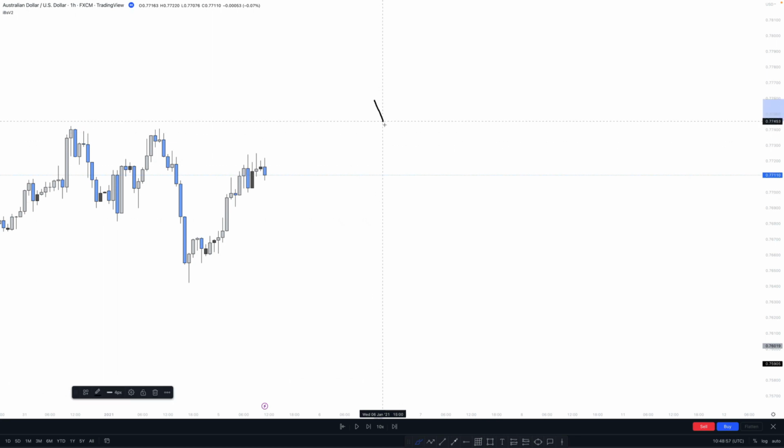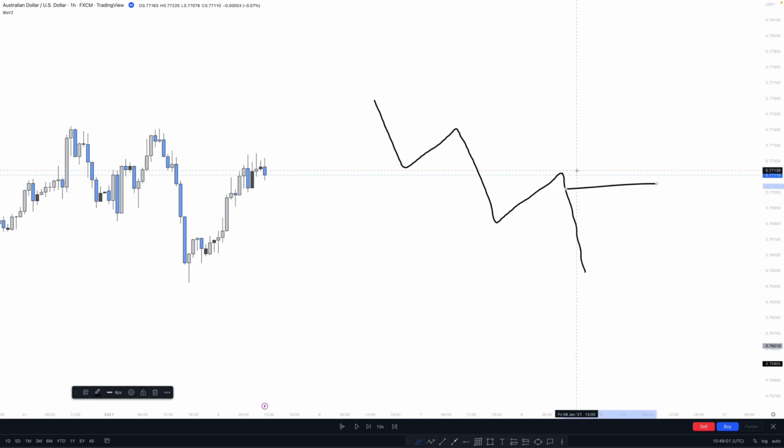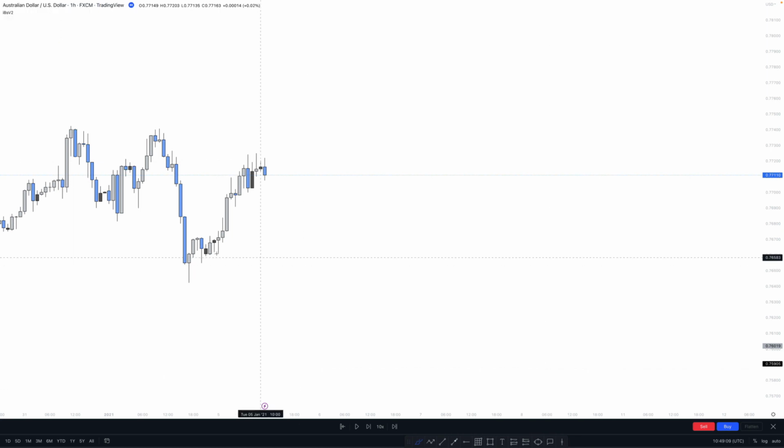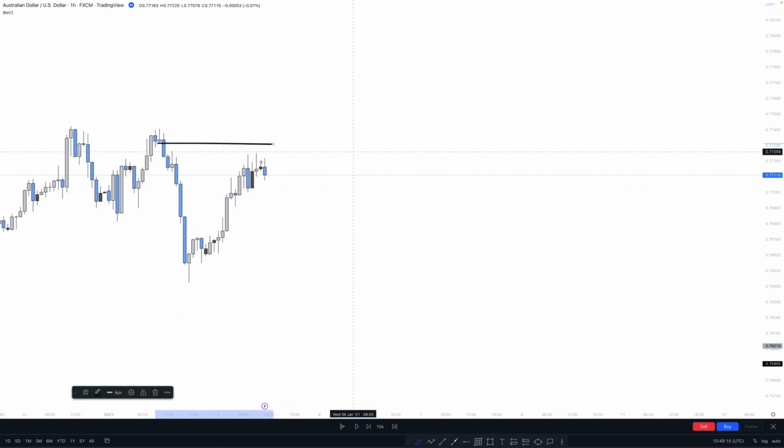So only when I see clear, clean structure, then I'm gonna have this supply zone, let's say for example, and then I'm gonna wait for a longer pullback. Only then. So for example, this bit of price action is showing me that it's a little bit more corrective. We have wick left behind, so I would not be interested that much in taking this trade here as well. Okay, so let's see.